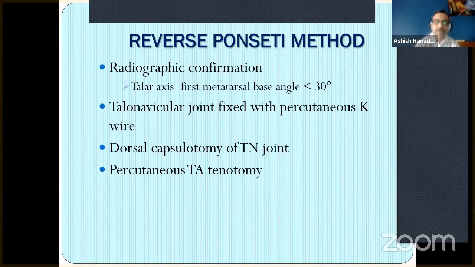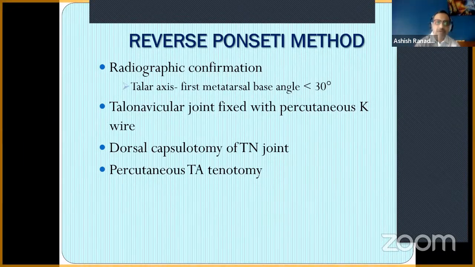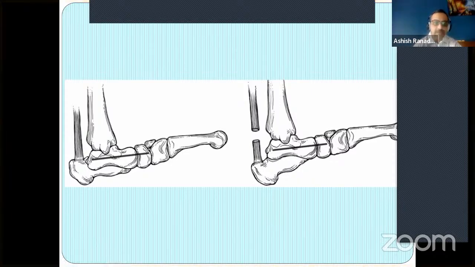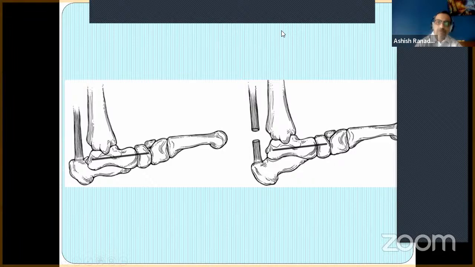Percutaneous K-wire can be difficult, especially in infants, and many times I find it extremely difficult to percutaneously fix the navicular to the talus, and many times it is necessary to make a small incision, visually see the joint, reduce it, and then hold with a pin. So that's the picture. That pin is left there for about 6 to 8 weeks, then it is removed, and it is also important to do the TA tenotomy.